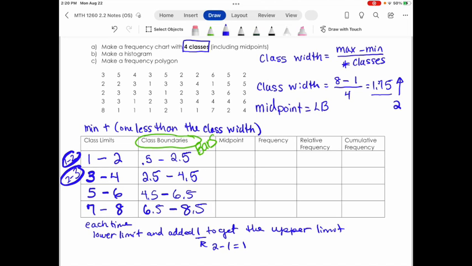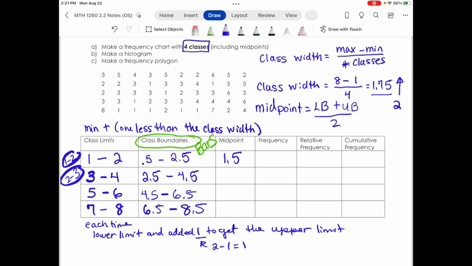I'm going to label that LB for lower boundary, and I'm going to add the upper boundary, and then I'm going to divide by 2. So if I take 0.5, that's my lower boundary, and I add that to 2.5, and then I divide by 2, I'm going to get 1.5. So 1.5 is the halfway point between 0.5 and 2.5.